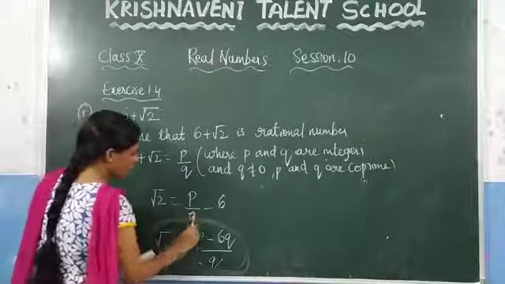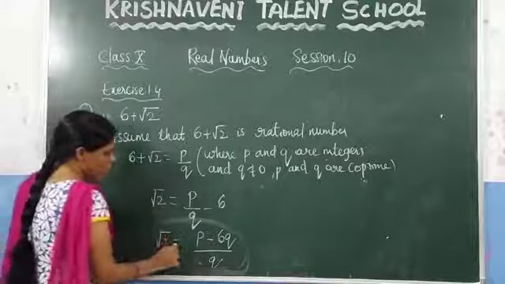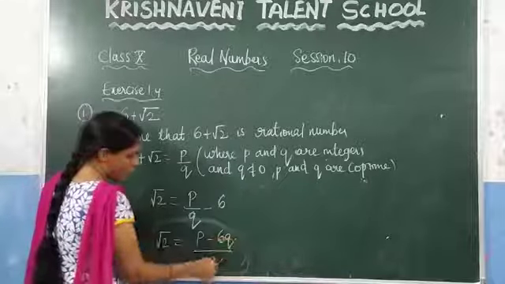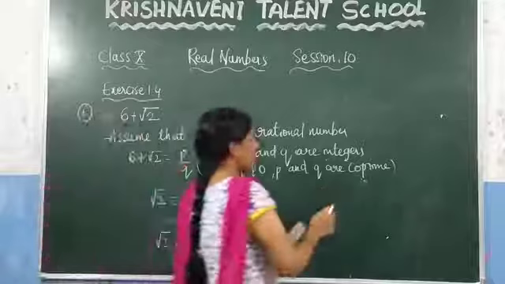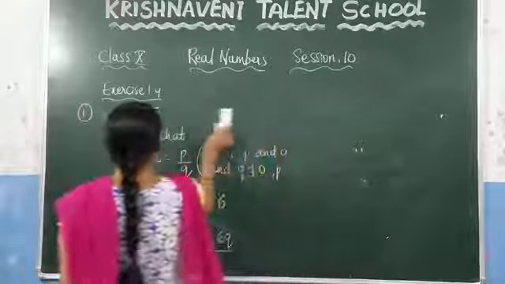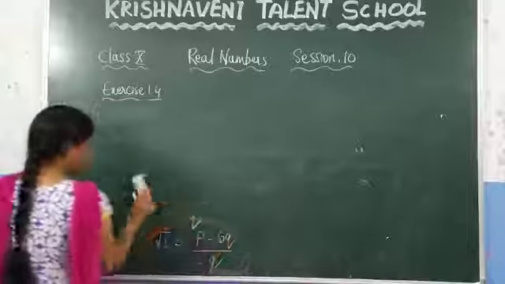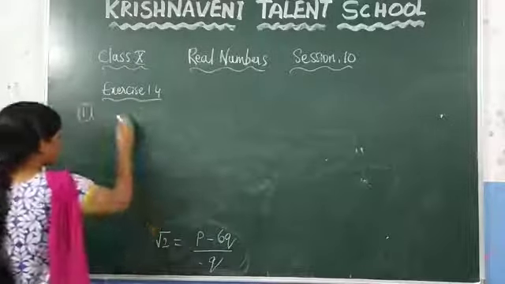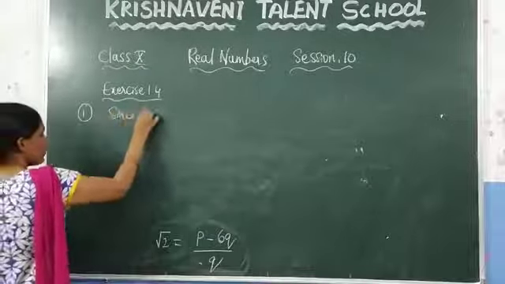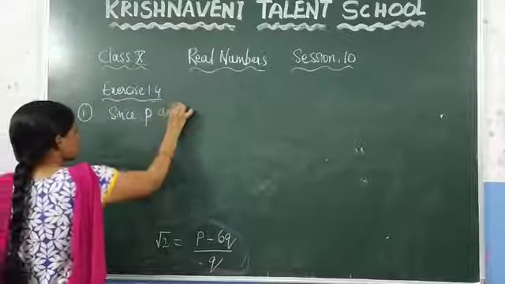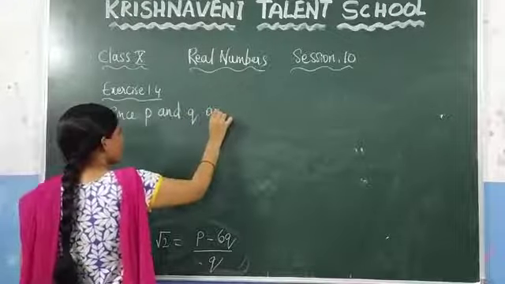So what did we get in here? Root 2 is equal to P minus 6Q by Q. So write it here. We got this one. Since P and Q are integers, you know that what are P and Q?